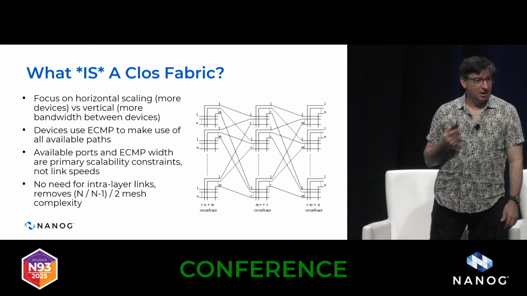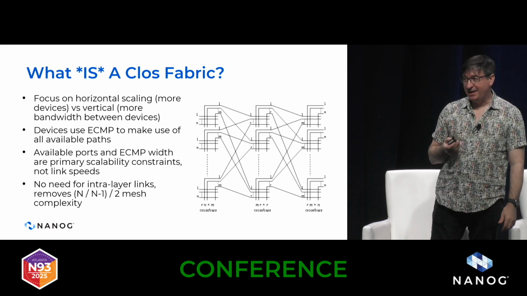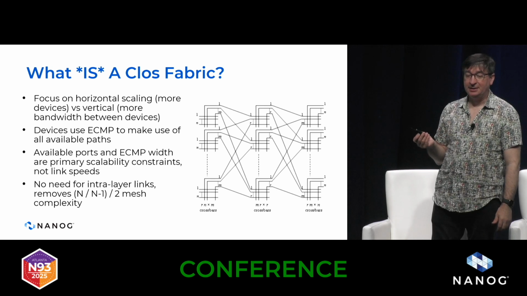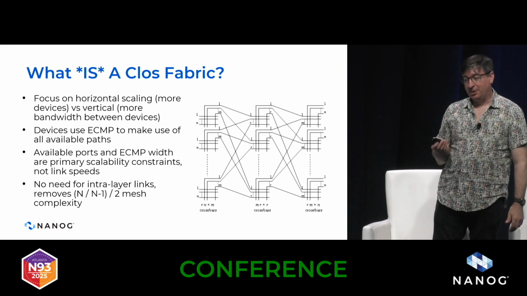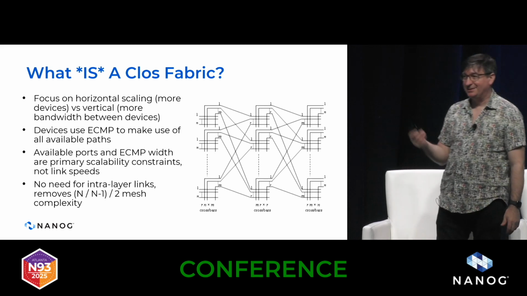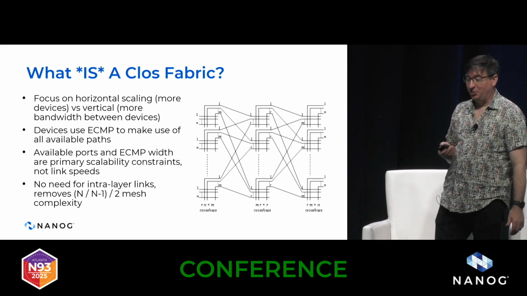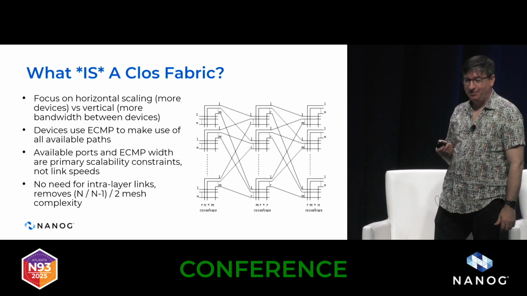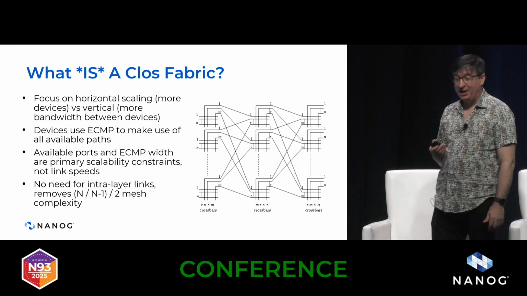And what this also gives you is that you won't see any links between devices in a layer, which takes away your n minus 1 divided by 2 mesh complexity. It replaces it with other complexities, but in general, they're a bit more manageable.